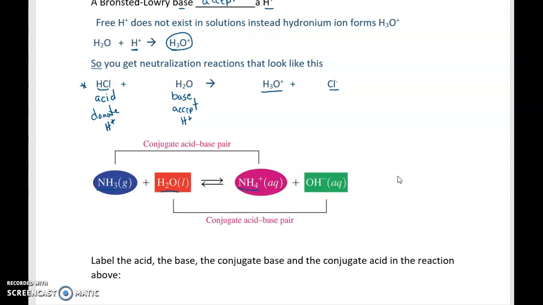So the ammonia here goes from NH3 to NH4, so it must be the base, because it's accepting a hydrogen. The water is losing a hydrogen, losing a proton, and so it is acting as our acid.